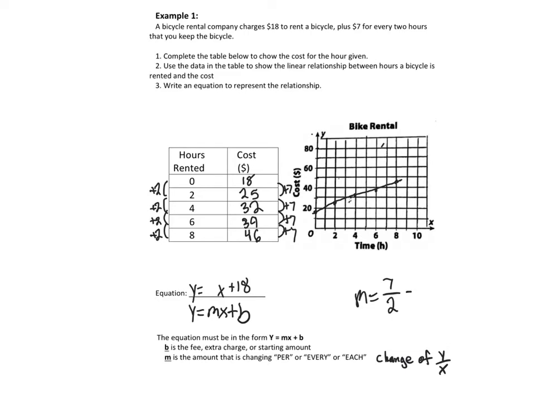When we solve that, it is just a division problem. 7 divided by 2 is 3.5. So we would plug that in exactly where m is to get 3.5x. So our final equation would be y equals 3.5x plus 18.